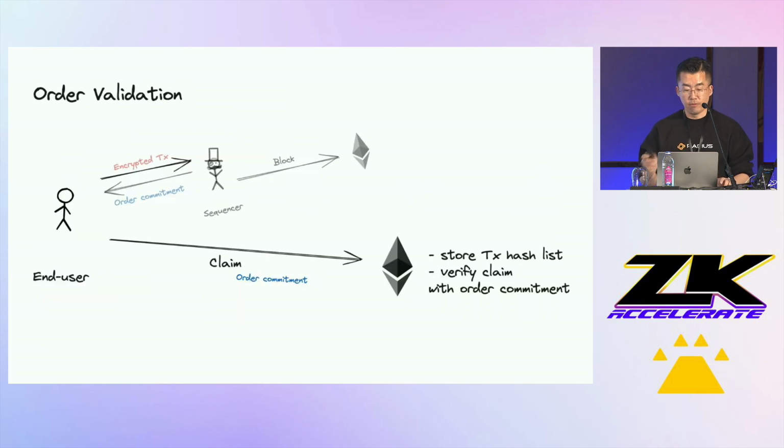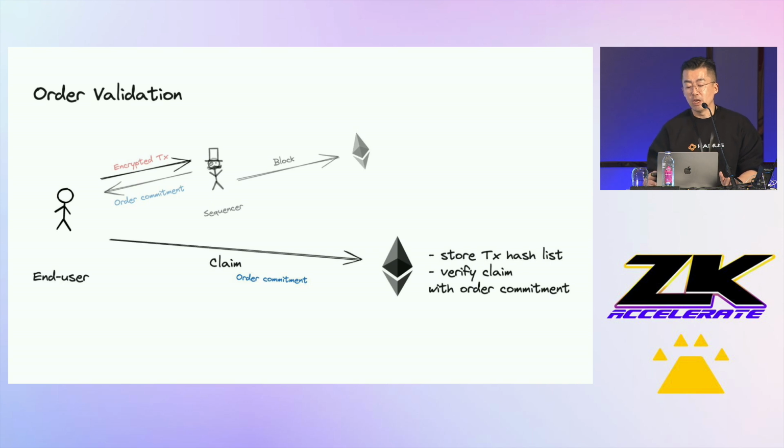So what if a malicious sequencer lies about this order commitment? We can protect against this edge case as well, because a sequencer needs to publish the results of the next block to layer 1. The smart contract in layer 1 stores a transaction hash list. When the end user finds out the order commitment from the sequencer is broken, he can claim to layer 1.